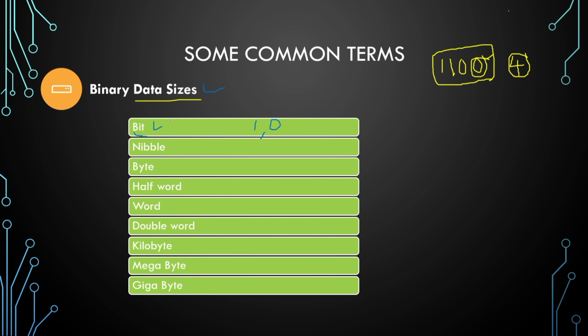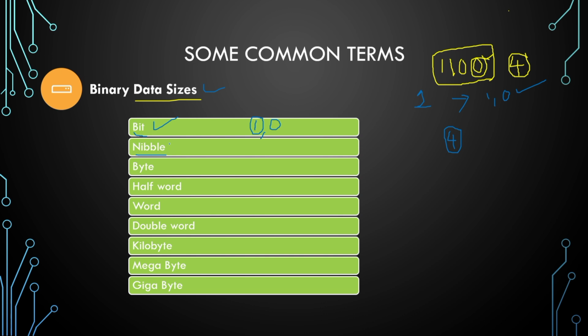A bit is a single digit of data, which means if you say bit, the size of the data will be 1. It can hold either 1 or 0 as a value. Next we have nibble. Nibble is not an official size, but for 4 bits of data we call it a nibble.